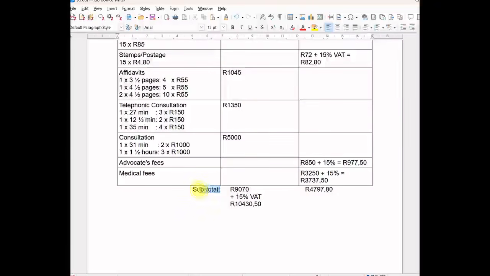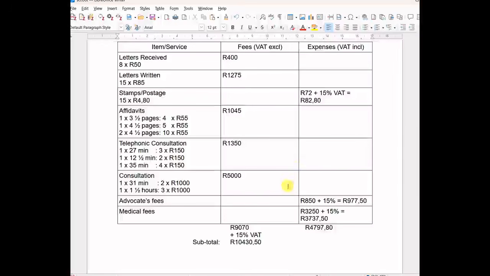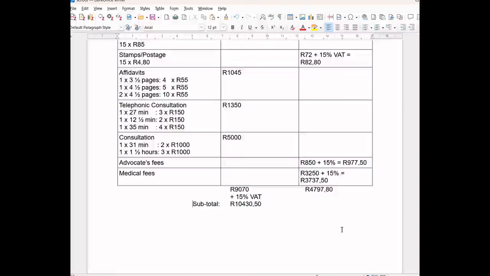So I suppose technically our subtotal is actually here. Let's go back a bit. There we go. So our subtotal there is 10,430 Rand 50 cents for our fees, and then our expenses are 4,797.80 including VAT.